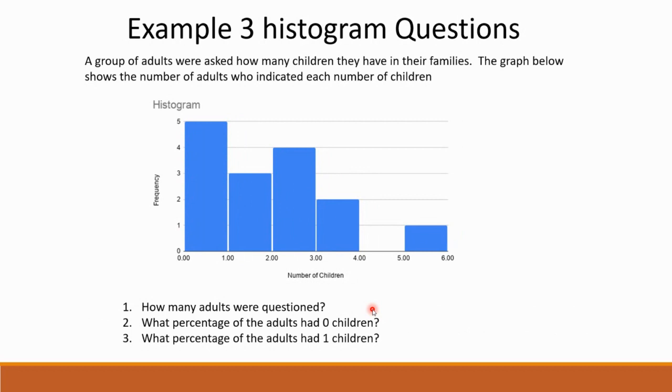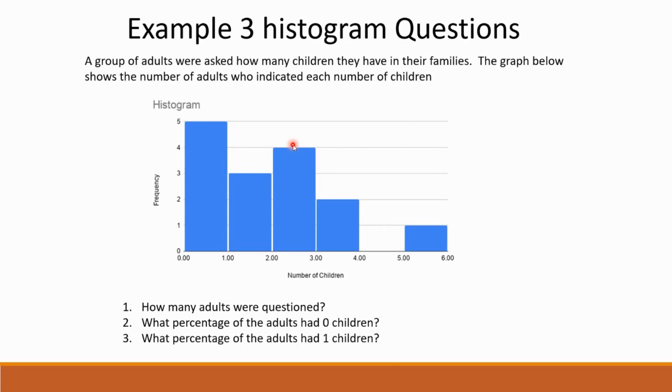The question now is, how do we figure out how many adults were questioned? Well, we can add up the frequencies. The frequencies, remember, tell you how many adults said no children, how many said 1 child, how many said 2 children, and so on.